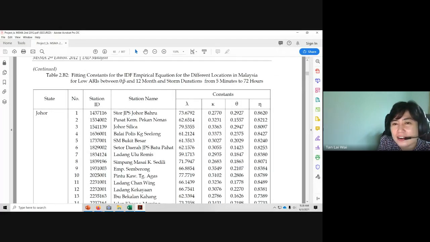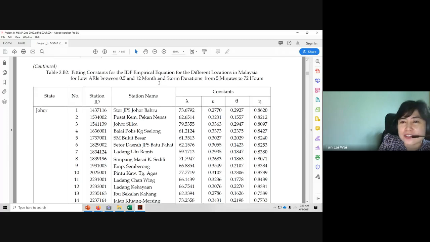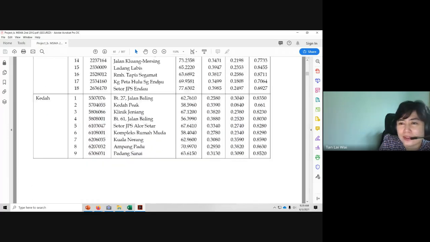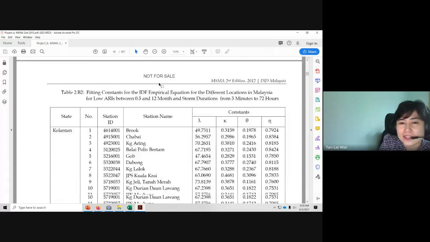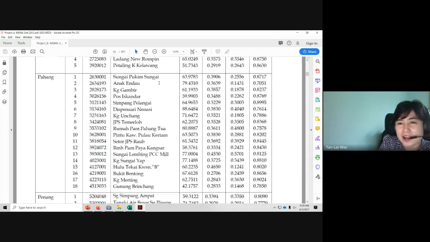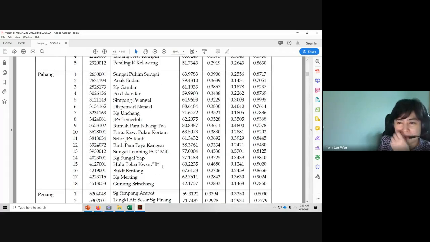This is for low ARI, between 0.5 and 12 months. Just now is 2 to 100 years, right? So there's another set for Pahang, Kampung Sungai Yap. See, there's a difference in your coefficients. So be careful, choose the right set. Okay. Clear on that, guys?